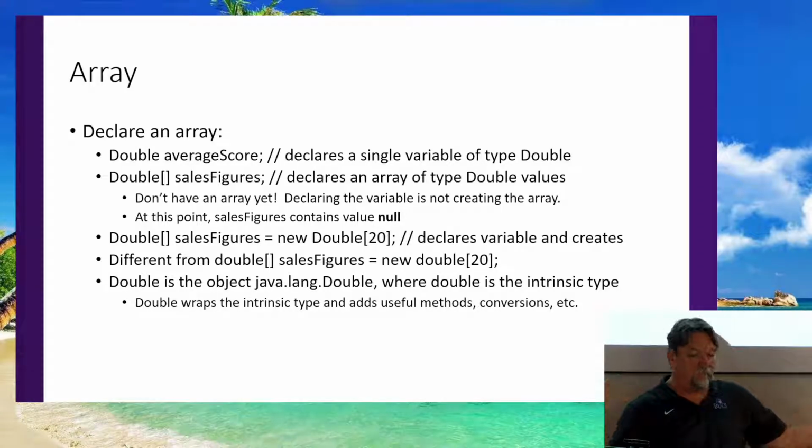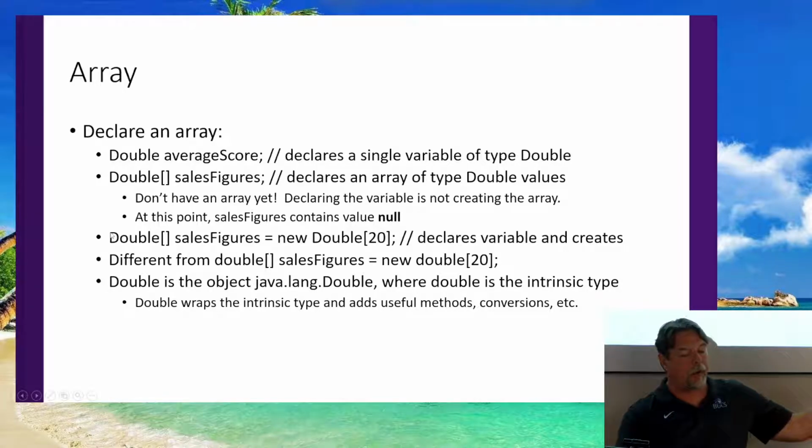And that's important. You also have to understand the difference between the capitalized data type and the uncapitalized data type. The all lowercase double data type is the intrinsic data type that's built into the language.